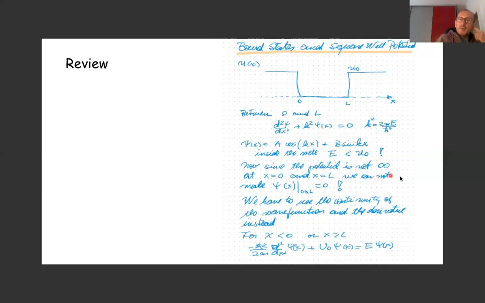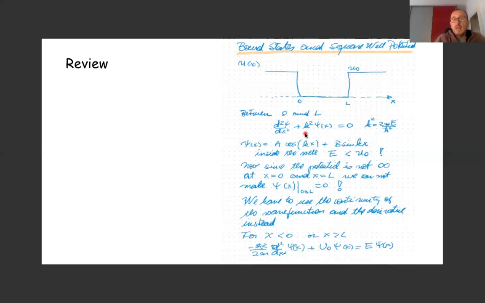I wouldn't say it is a problem, it is a feature, that we cannot say that the value of the wave function is 0 here and here, because the potential is not infinite. So really the condition that we should impose on the wave function is the continuity of the wave function and of the derivative of the wave function at this boundary here.